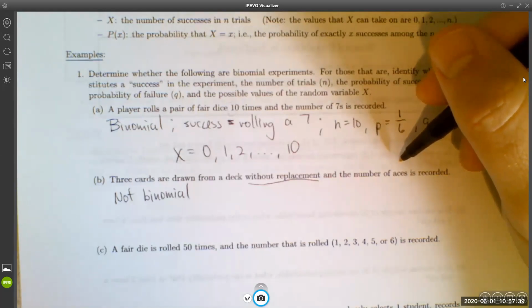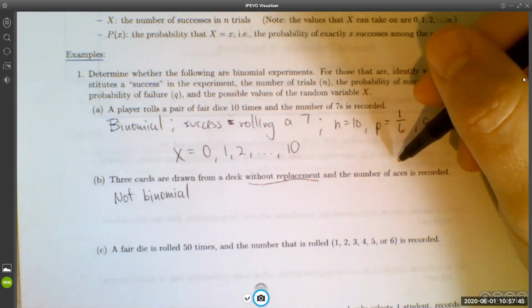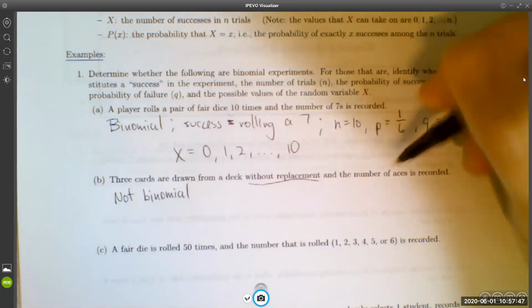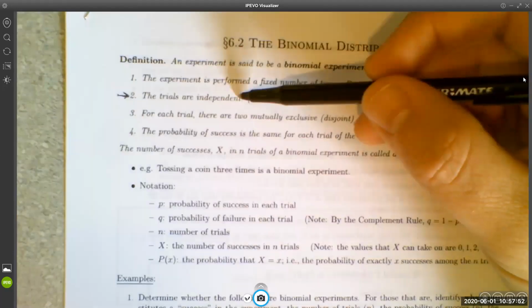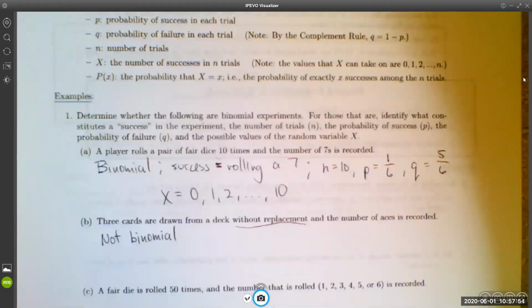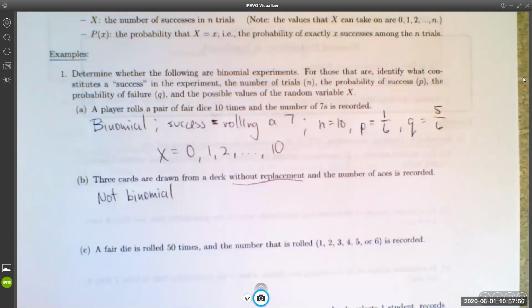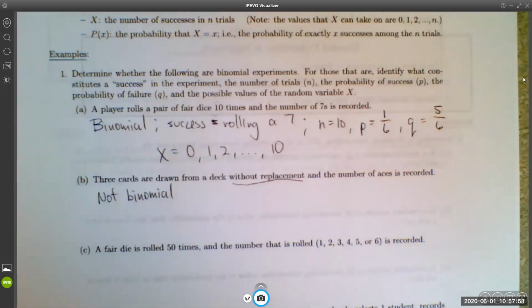If you didn't pick an ace on the first draw, then it's going to be 4 out of 51, which again is not the same thing as 4 out of 52. So in either case, if you're doing this without replacement, then the trials are not independent, right? The probability of drawing an ace on your second draw depends on what happened on your first draw. So this is not binomial, okay, not binomial.